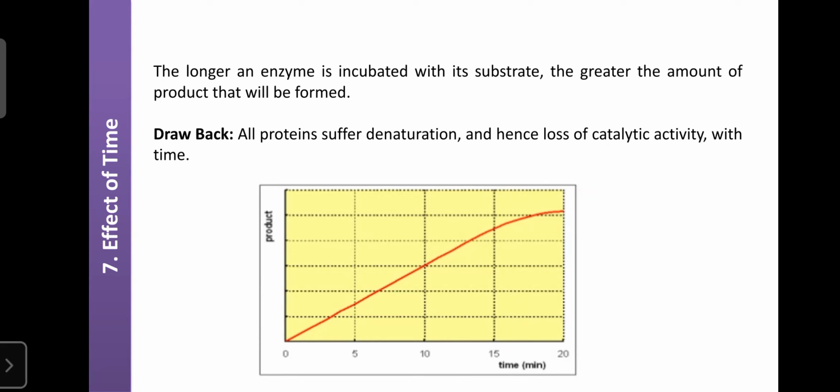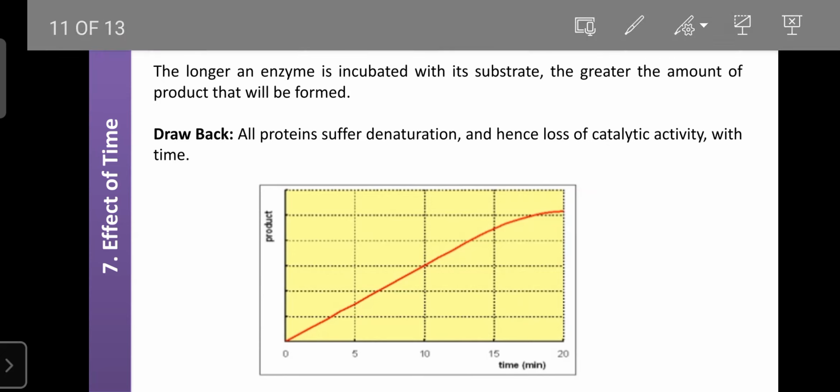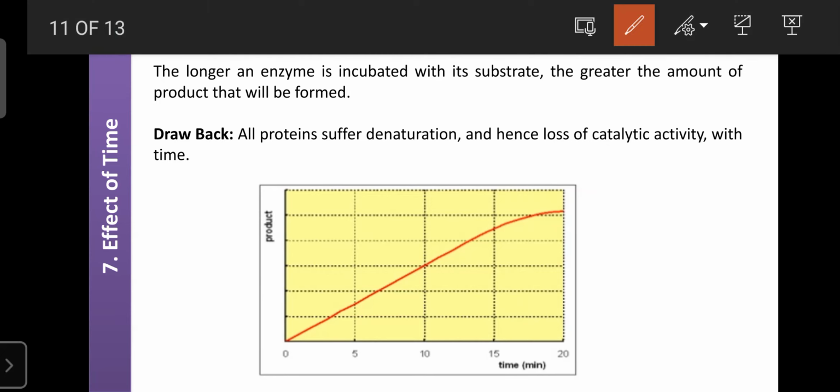Next one is the effect of time. As the reaction time increases, the rate of reaction and formation of product also increase, up to a certain time. As the reaction proceeds, the temperature also increases. After a certain temperature, the proteins are denatured, because enzymes are all protein in nature.